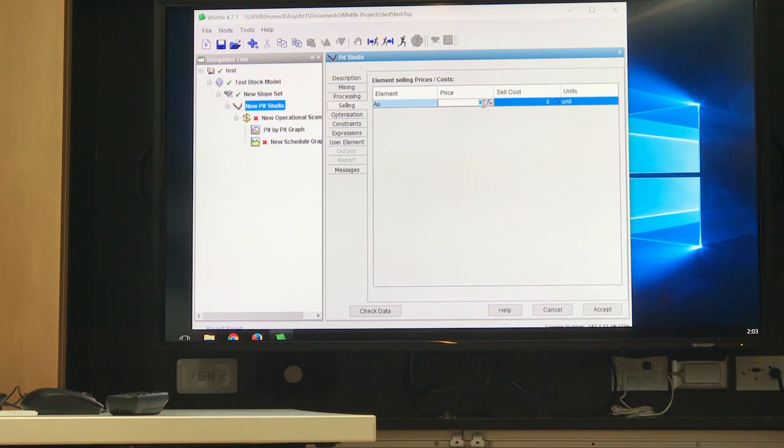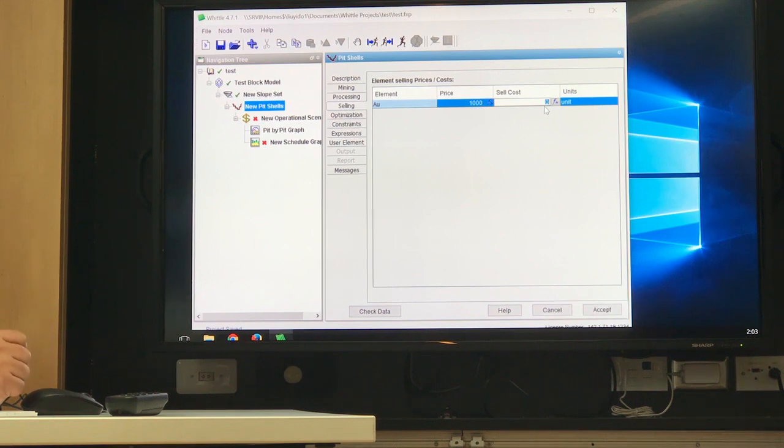So you put a number here. Let's put some simple number here, say $1,000. Then there is selling cost. What's selling cost? It is the cost of transportation of the concentrate or the final material to the port, or any cost related to the selling of the material, insurance and freight, or if you pay any kind of royalties and things.